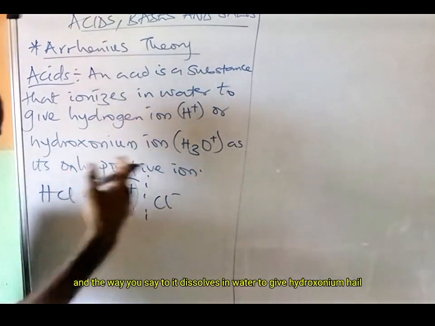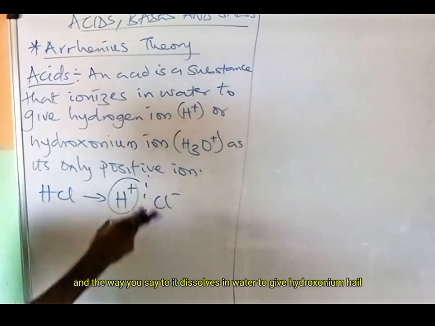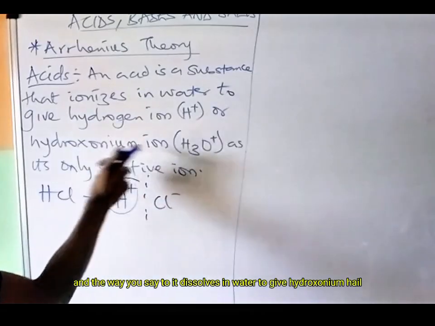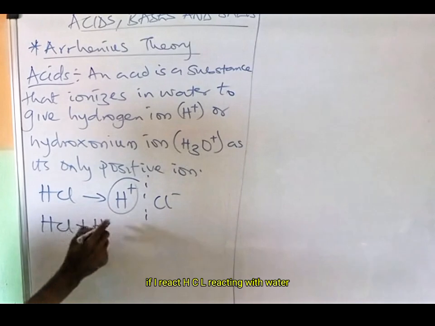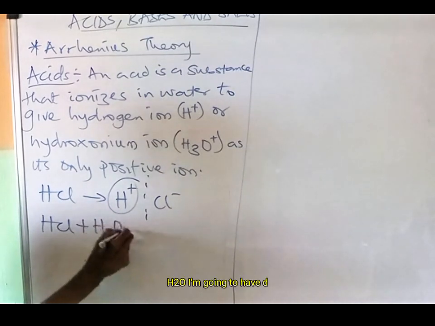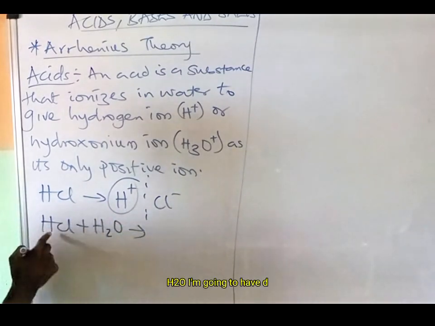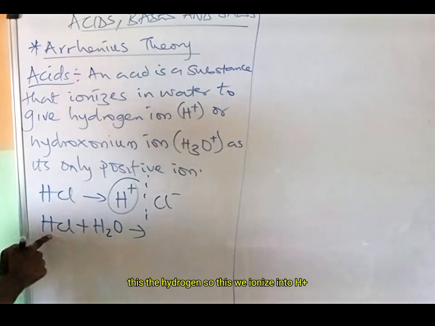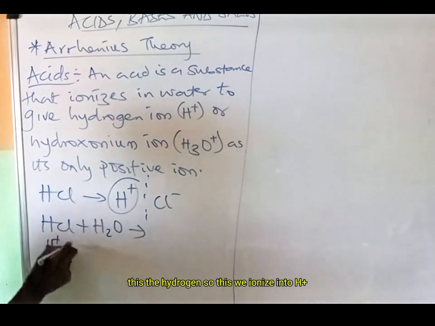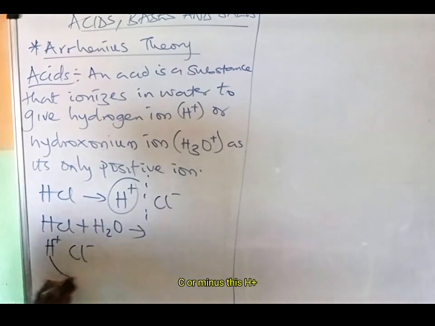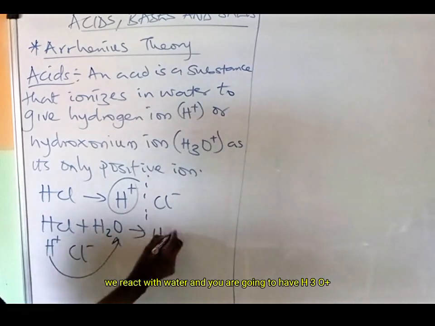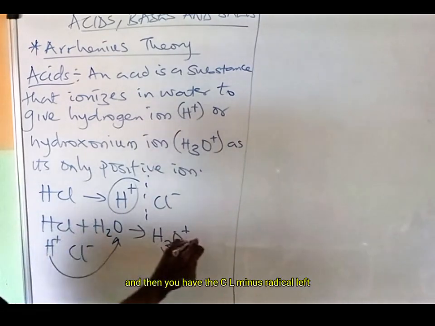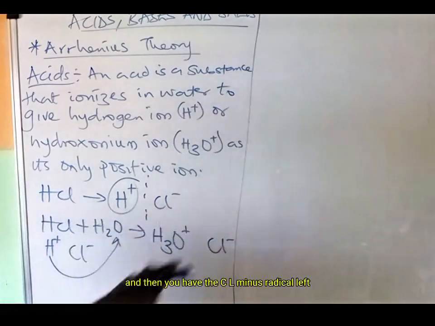And the way you say it dissolves in water to give hydronium ion. So if I react HCl with water, H2O, this will ionize into H+ and Cl-. This H+ will react with water and you are going to have H3O+, and then you have the Cl- radical left.